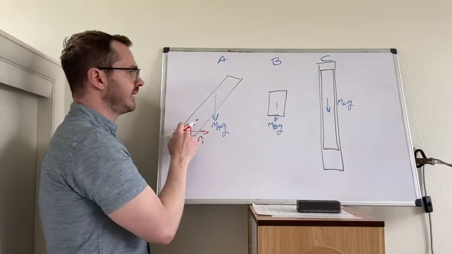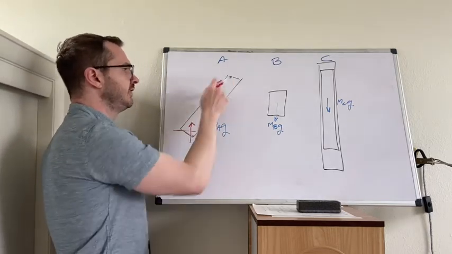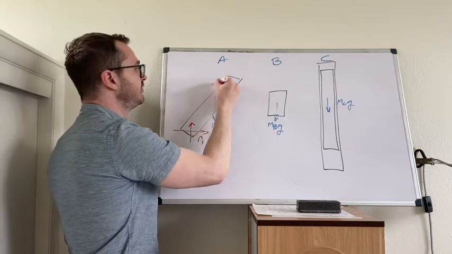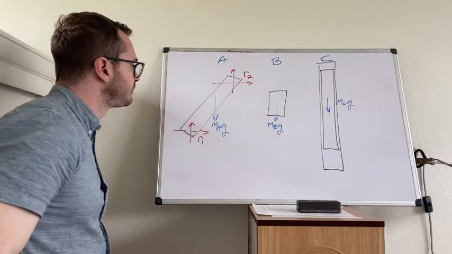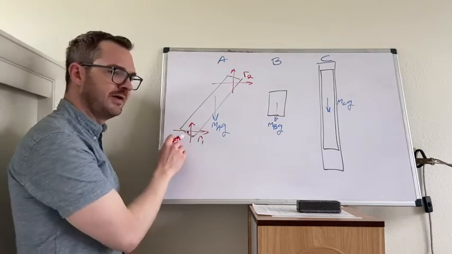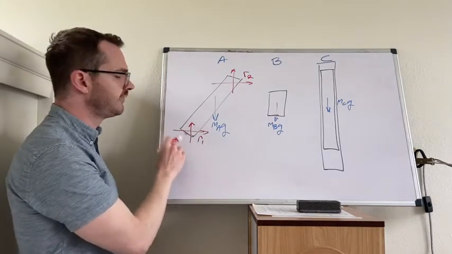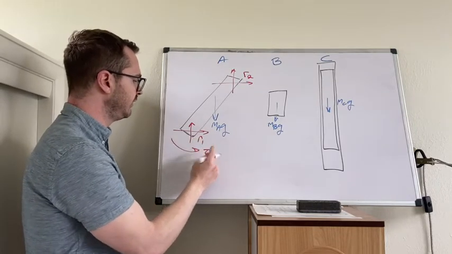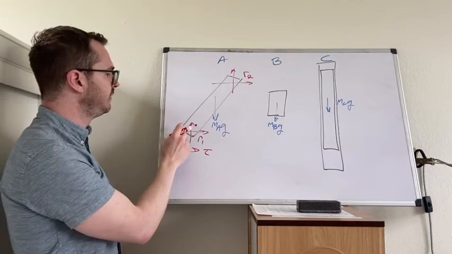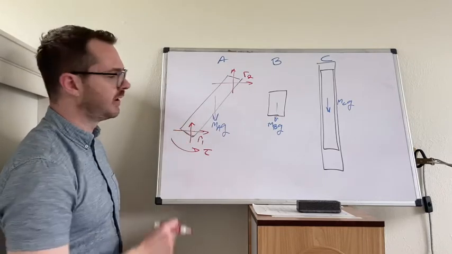If there's reactions at this pin joint, there's reactions at the second pin joint as well. So here is R2. And also, if this is the input crank, let's say that there's some motor acting on this system that's also inputting a torque tau. So tau is being applied on this body here.